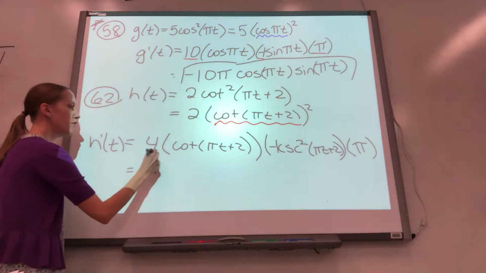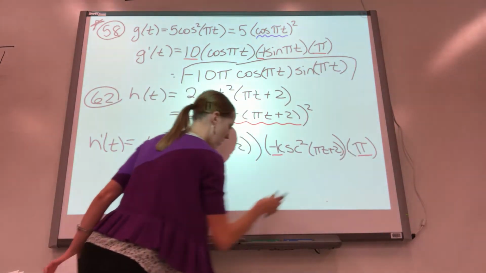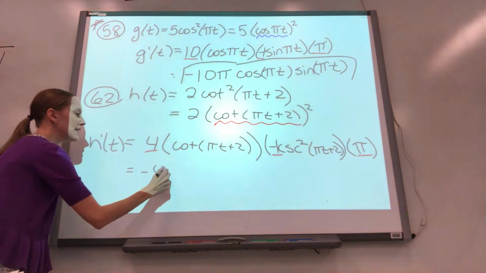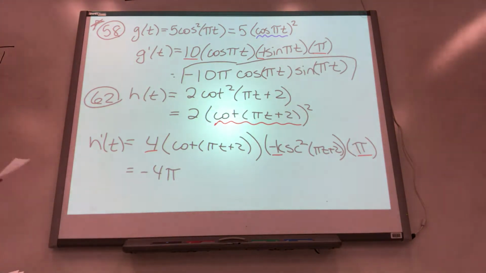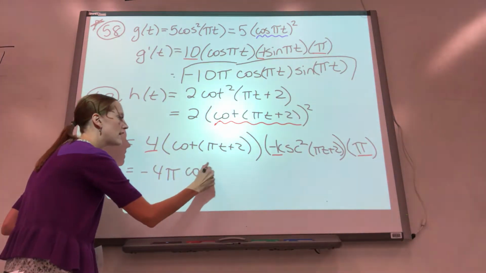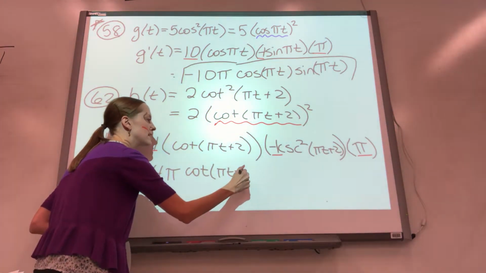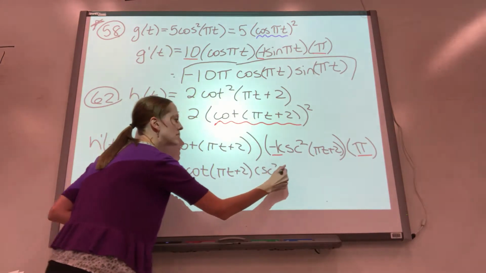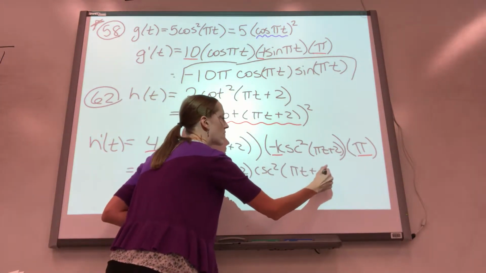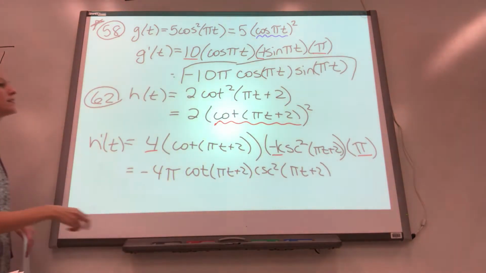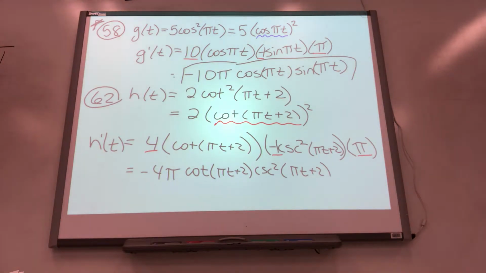So 4 times -1 times pi. Let's make that just a -4 pi. And then I'm just going to leave cotangent of pi t plus 2 cosecant squared of pi t plus 2. That is 62. A lot of stuff going on there.